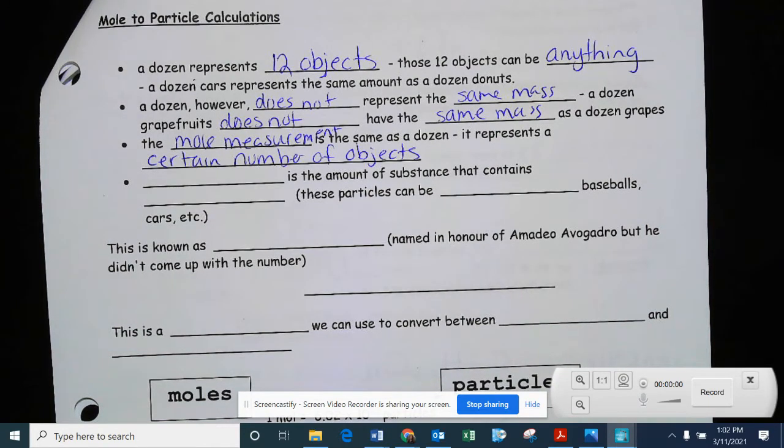Just like how we usually talk about eggs in a dozen and not really other things, we usually talk about molecules in a mole, and we don't normally talk about other things as a mole just because it's a very unique number to this concept. So having 1 mole or 2 moles or whatever of a molecule makes sense. Having 1 mole of books or 1 mole of eggs would just be like absolutely ridiculous. So it's just a measurement, it's just a number, and we call it a mole.